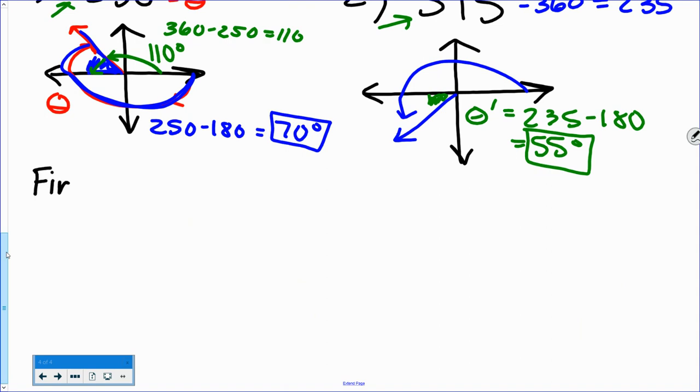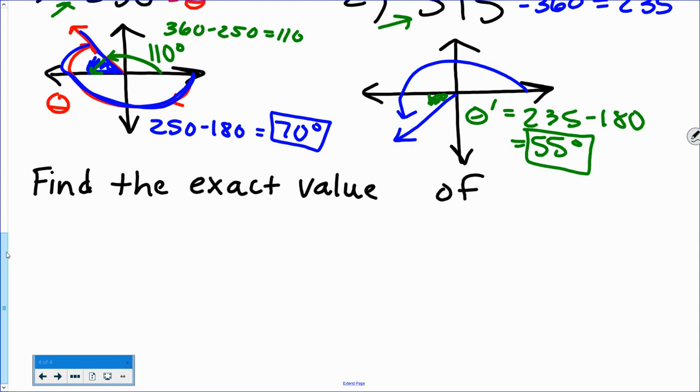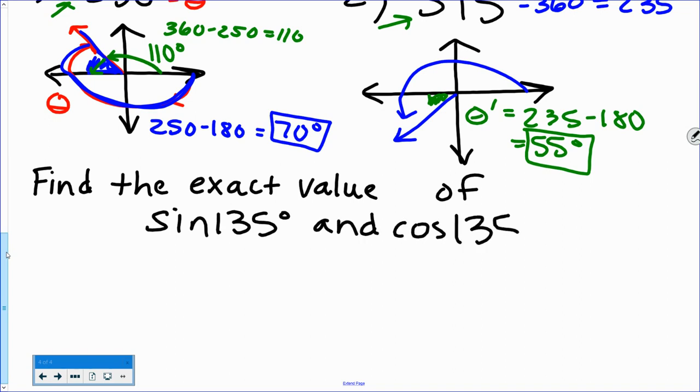You may be asked to find the exact value of sine of 135 degrees and cosine of 135 degrees.